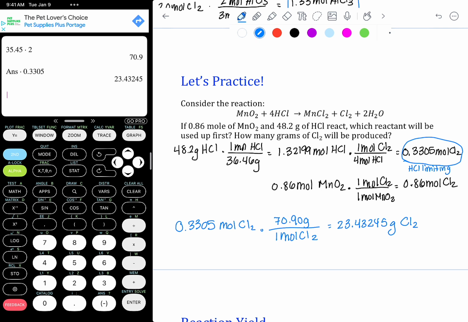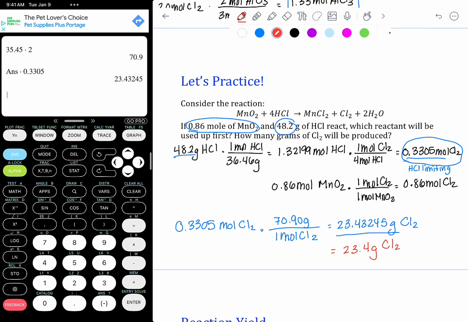Now for sig figs, because we did not use the mole value of MnO2 to determine our mass of chlorine, and I went from 48.2 to find this answer, we would actually only consider the 48.2 as our significant figures value. So this would actually come out to be 23.4 grams of Cl2.